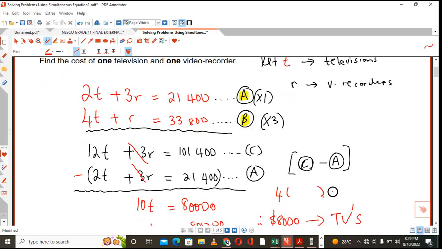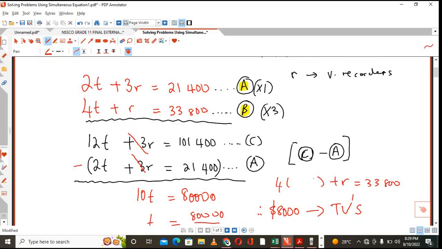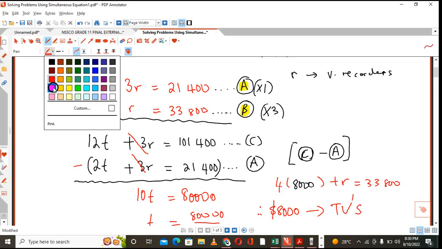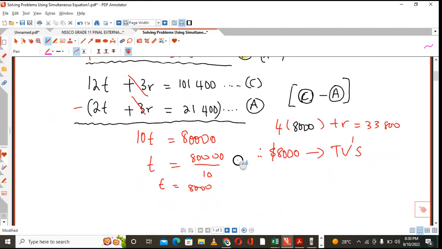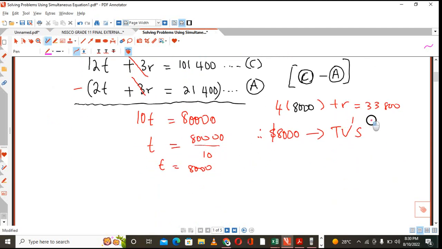So 4T plus R, where T will be replaced, should give you 33,800. But we already know that our T is 8,000. So now we can actually calculate the value of R. What is left is to multiply out, so it's going to be 32,000.